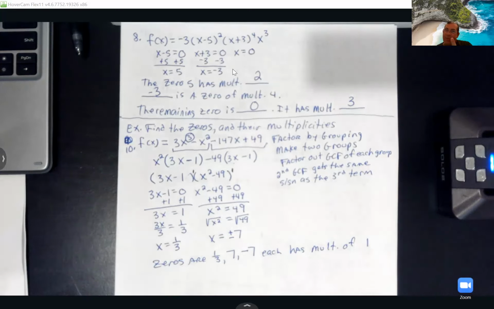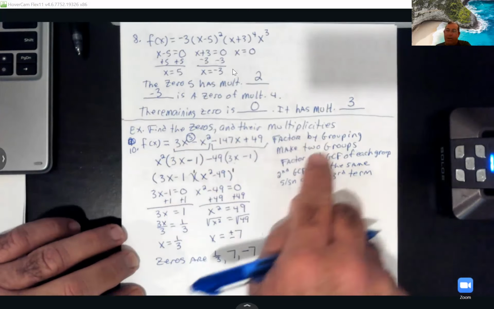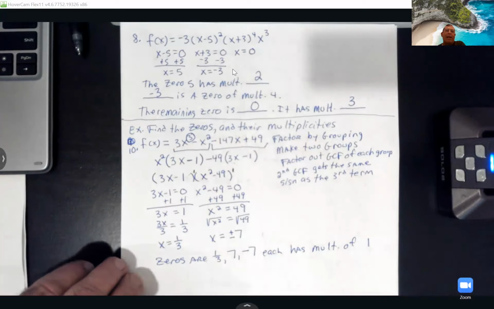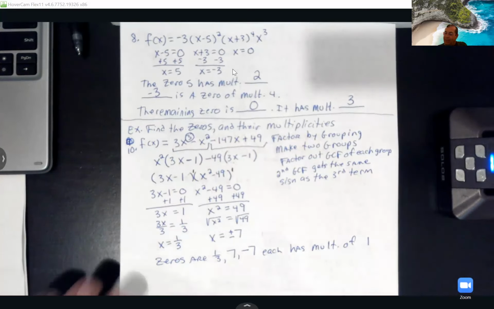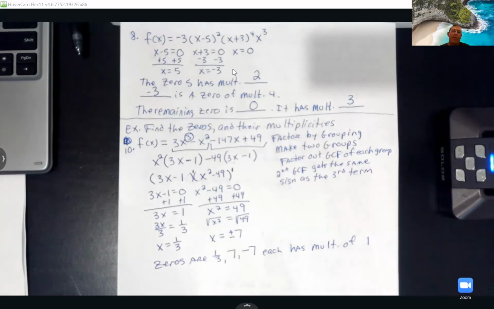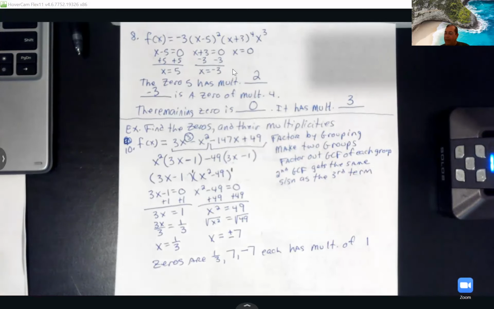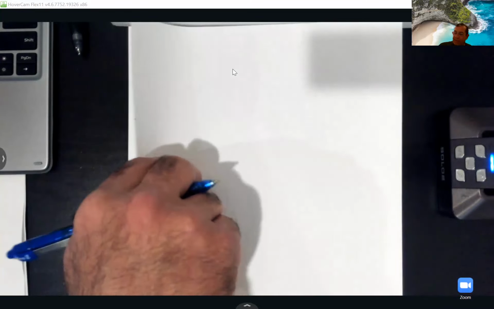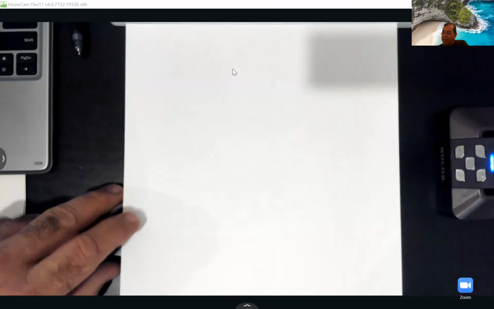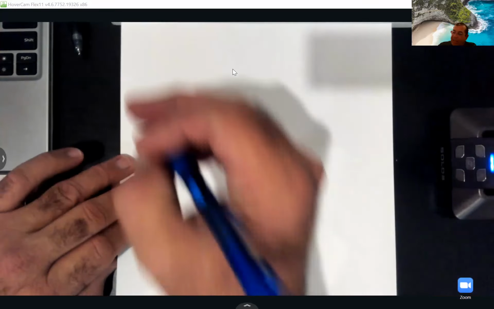So would y'all like to see one more of these 4 terms real quick? I'll do number 9. How about that? But I ain't gonna lie, 4-term polynomials are tricky. So let's do number 9 so that y'all can see another version. So that one was 10, so I'm gonna do 9.